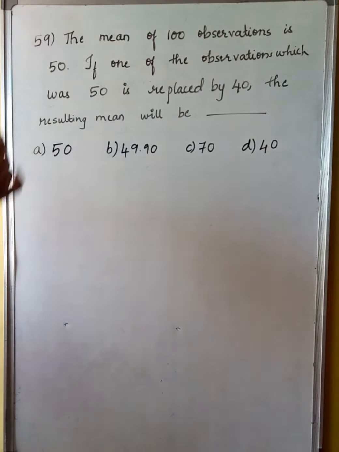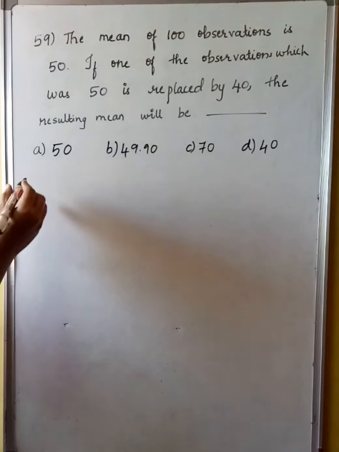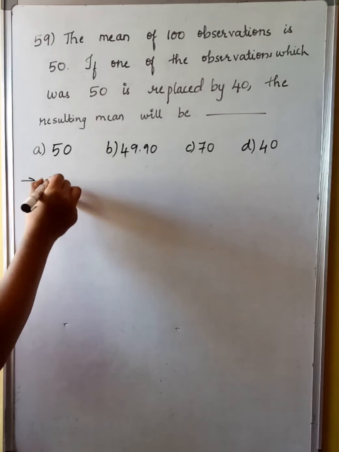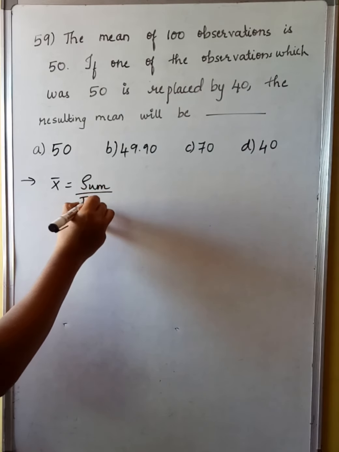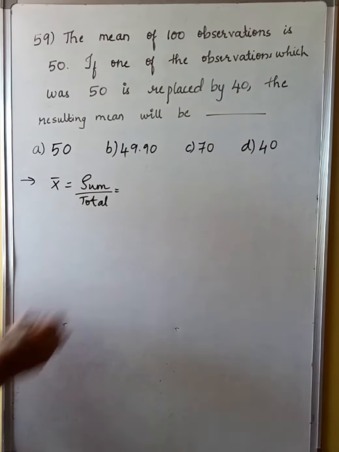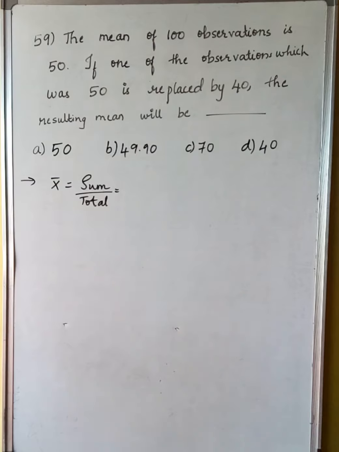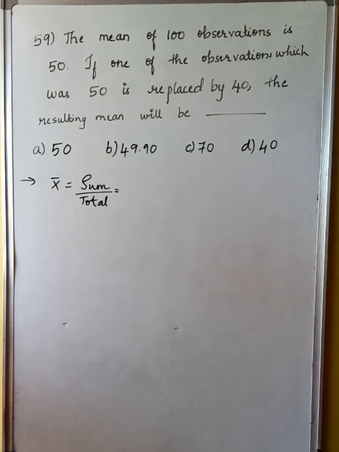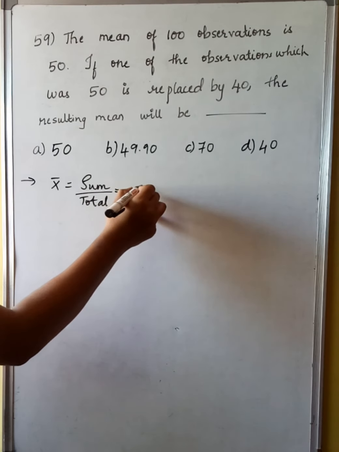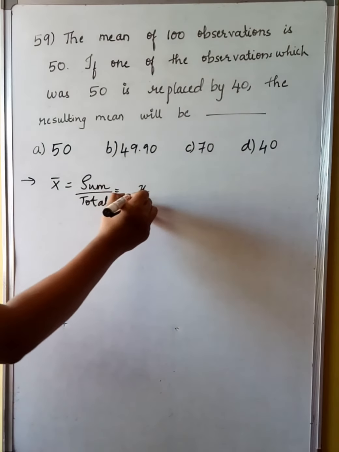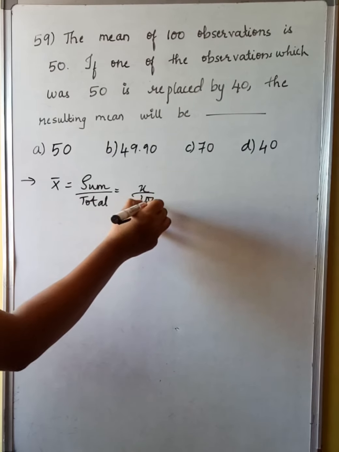First, for these 100 observations, we need to find x bar, which is the sum of observations divided by the total number of observations. I'll consider the sum of observations as x, which I need to find, divided by the total number of observations, which is 100.